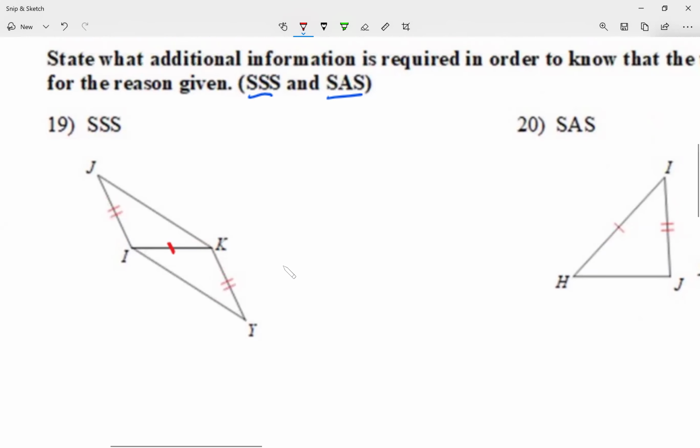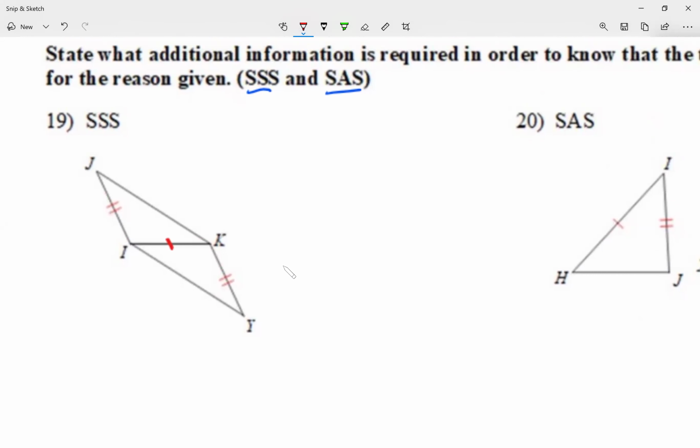Now here, the instruction says what additional information is required. So I'm not asking whether it is congruent or not congruent. I am saying I want it to be congruent, but there's one marking that I'm missing. I want this to follow the idea of side, side, side.